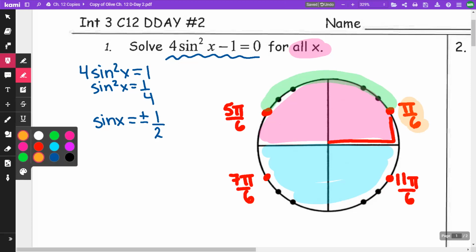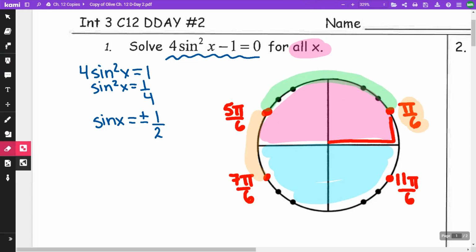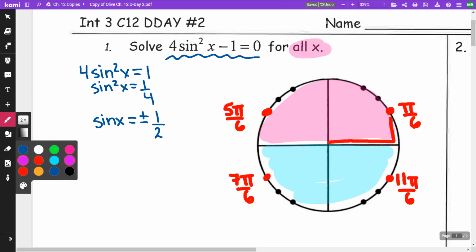But the distance from here to here is only 2 pi/6. So in this situation, I can't just take pi/6 and add and subtract something to get to all of these. What I do notice, however, is that some of these are pi away from each other. So these ones are pi away from each other.